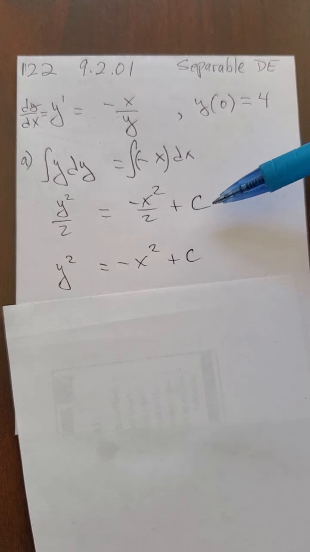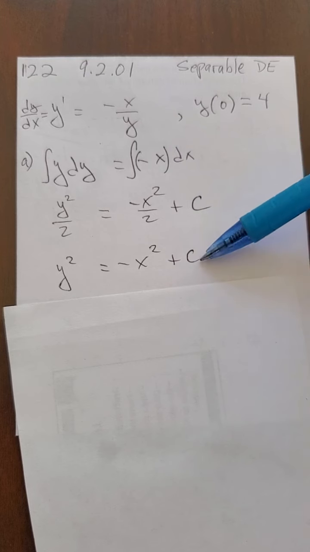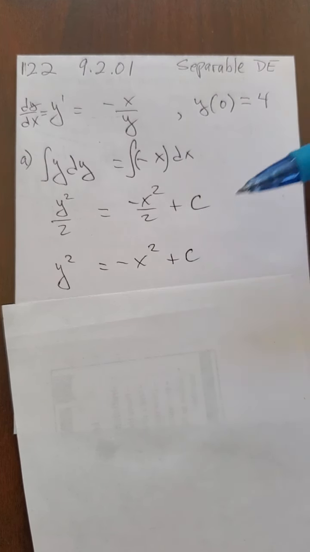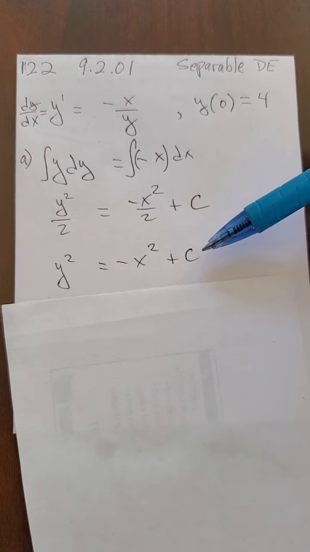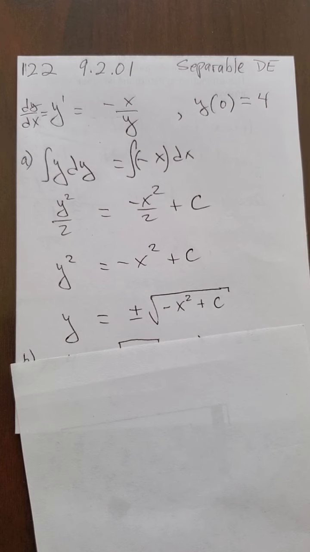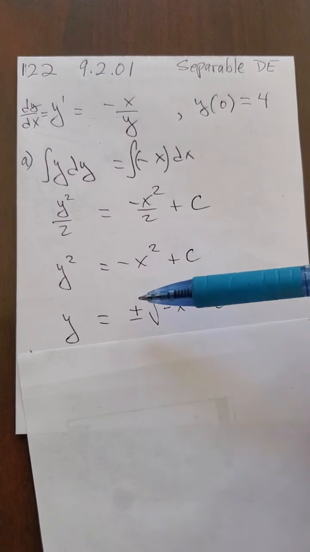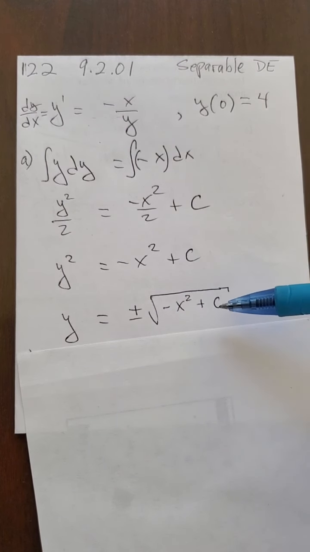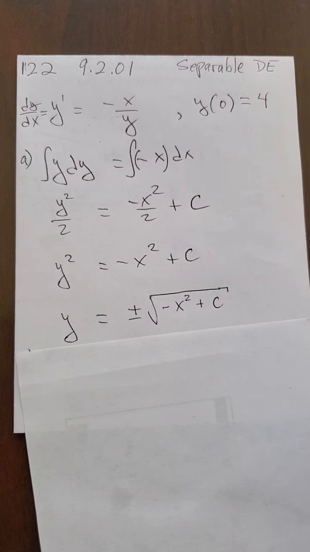Sometimes in the textbooks you'll see they call this C1 and that C2. I'm not going to bother with that. Just keep it simple. And now I'm going to square root each side, and I get y is equal to plus or minus the square root of negative x squared plus c. And that is the general solution.